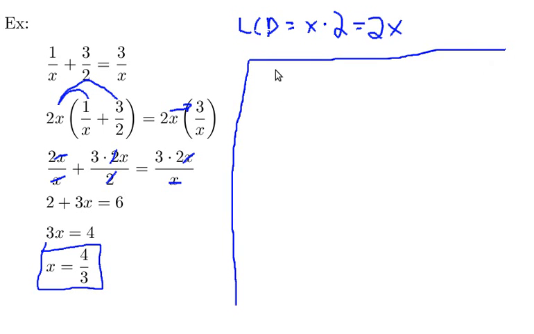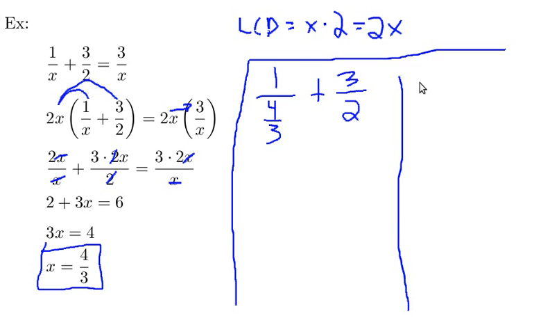So we'll have 1 over 4/3 plus 3/2. Remember that 1 over 4/3 means the same thing as 1 divided by 4/3, which is 1 times 3/4, and that's just going to be 3/4.